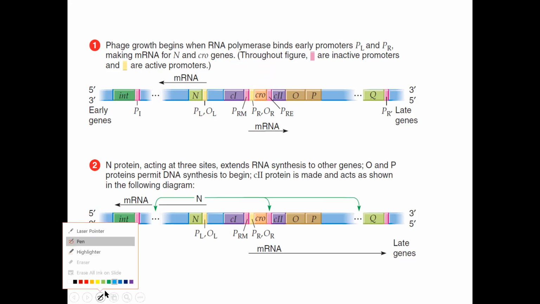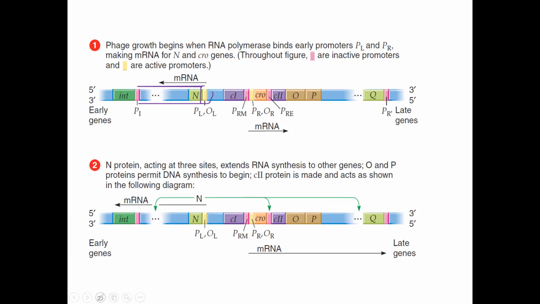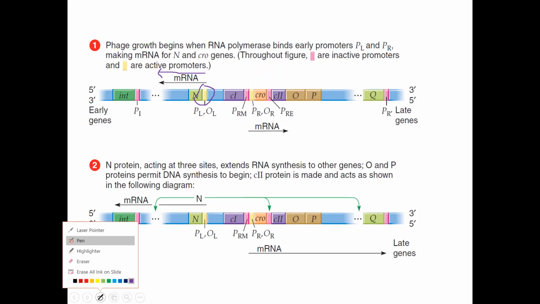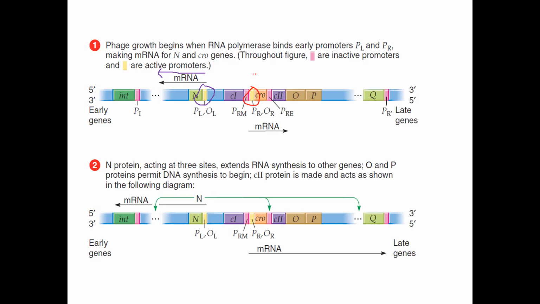If the RNA polymerase sits at promoter left, which is this one, it will move in the leftward direction, and the first gene to be transcribed will be N. And if the RNA polymerase sits at promoter right, which is this one, it will move in the rightward direction, and the first gene to be transcribed from promoter right is CRO.